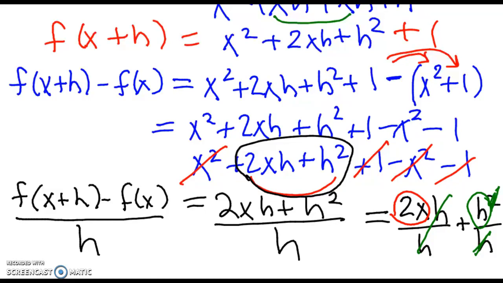So our final answer is, let me erase some of this stuff. Two x plus h. And I'm sorry, I said I was going to erase, but I just squeezed it in. So that is the difference quotient for the function f of x equals x squared plus 1.